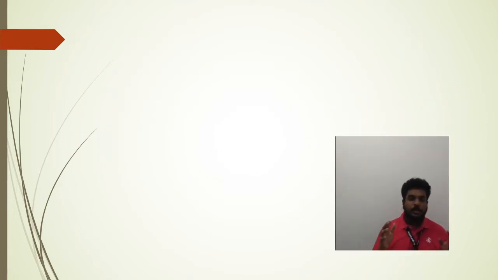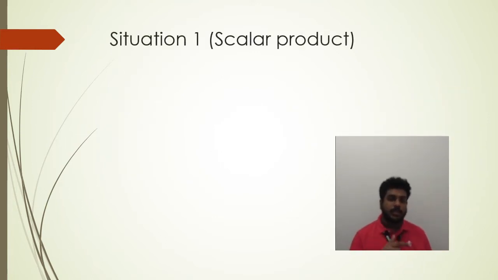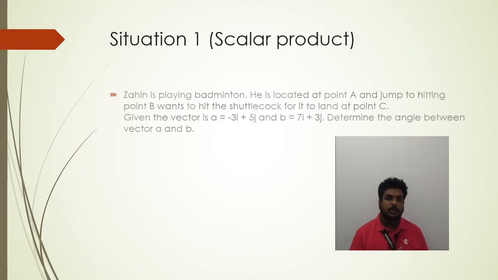Now I'm here to discuss situation 1, which is from scalar product. Here we go. The first one is Zahim is playing badminton.